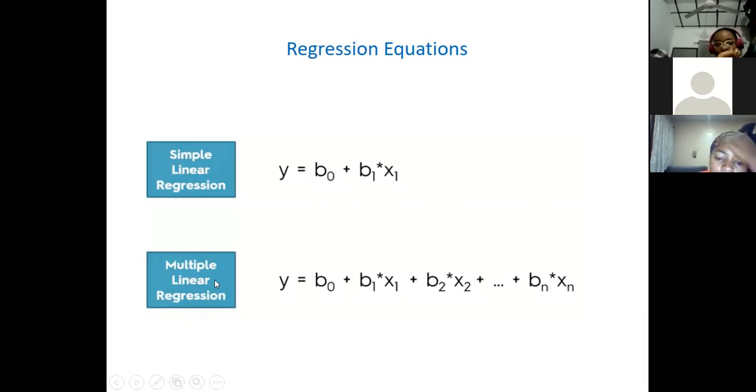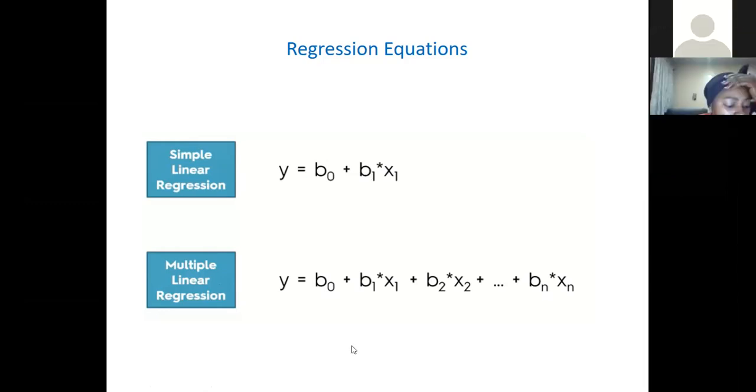When you have multiple, that is, more than one independent variable, you're going to have B0 there, B1 X1, B2 X2, B3 X3, depending on how many, up to Bn Xn. This n just means as many variables, the highest number of variables you are putting in.